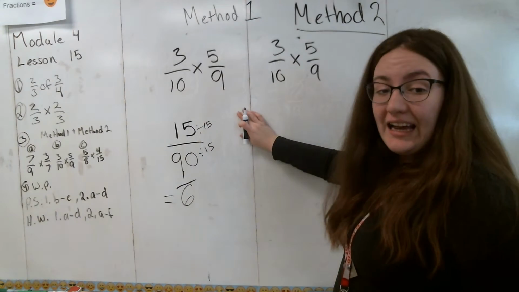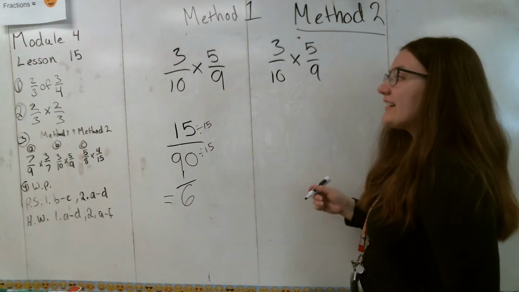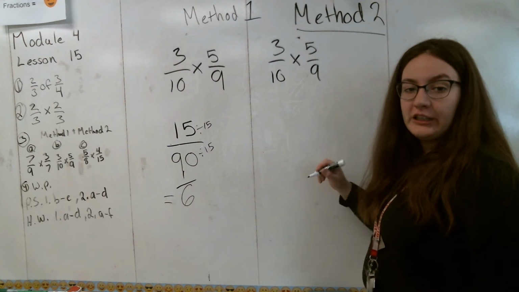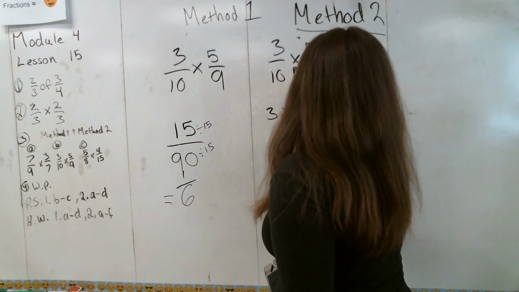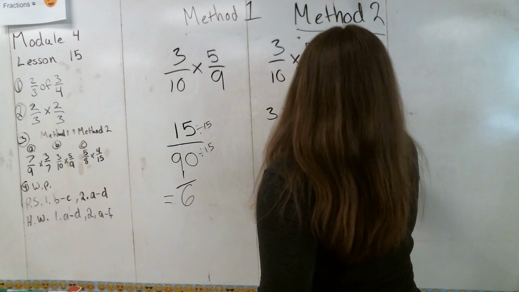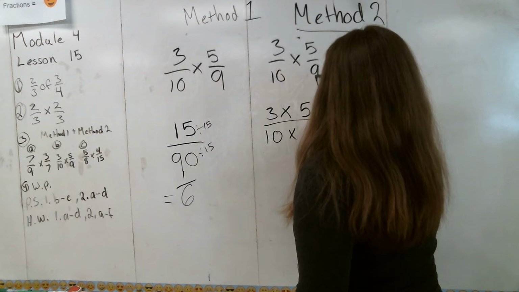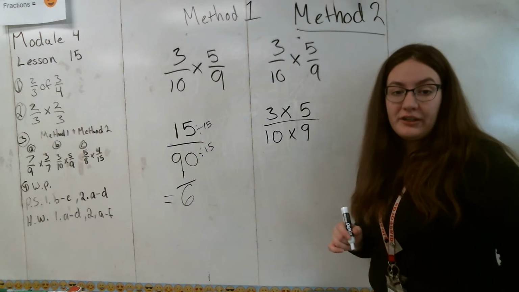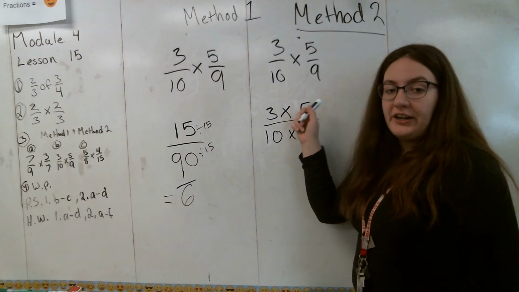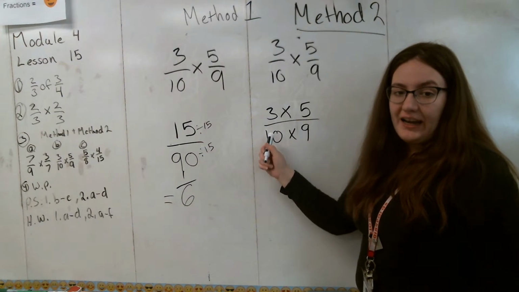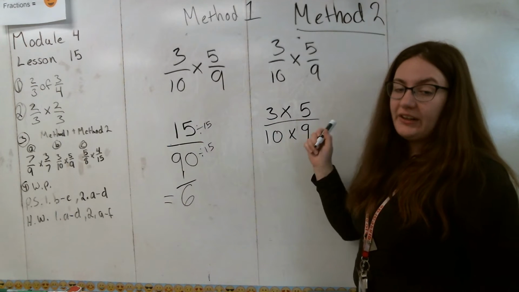Now, again, that might be difficult, especially if you don't know your 90 divided by 15 kind of facts. So over here, we're going to try method 2, and this is where I'm going to rewrite everything all together. So I have 3 times 5 all over 10 times 9. And what I'm going to start with is I'm going to think about the numbers in my numerator, can they be divided by anything, or can the numbers in my denominator be divided by them, vice versa.